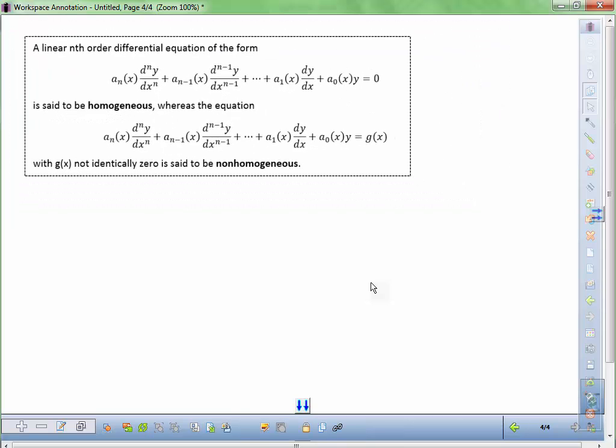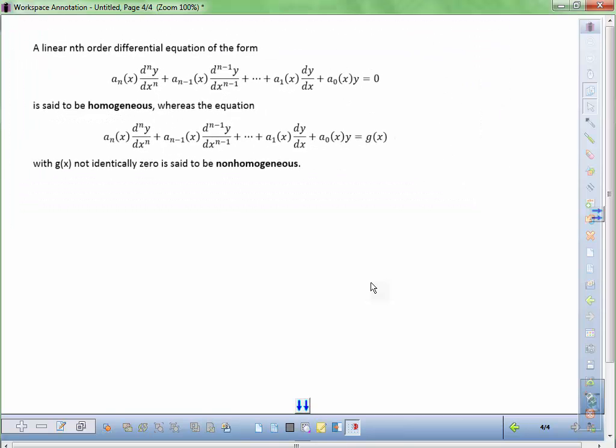So this is the differential equation that we've been dealing with. Remember that we want it to be linear. It's a higher order differential equation because if it was a first order linear, then we'll just do integrating factors and we're done. So we're looking at order 2 or more. And we're looking at this point at a homogeneous differential equation, and then we'll take a look at the non-homogeneous counterpart of that.